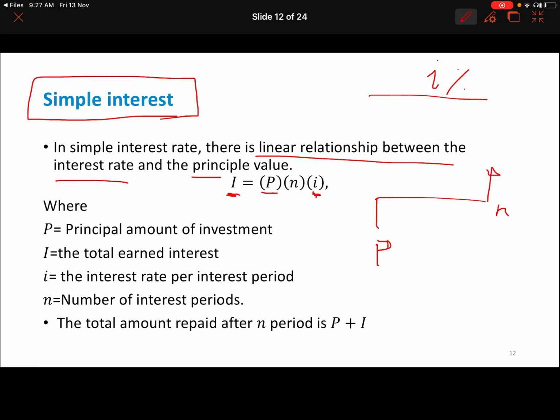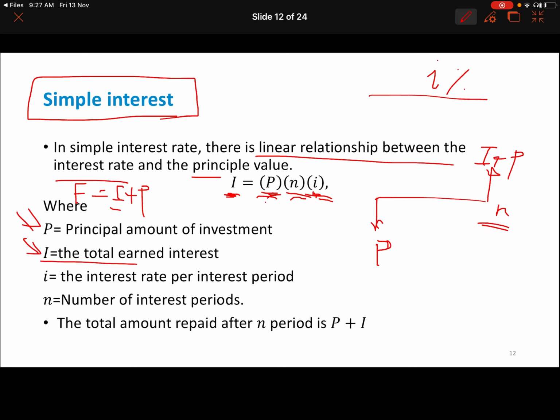So it will be I plus P. In simple interest, this can be estimated by I equals P multiplied by n, the number of years, multiplied by i. P is the principal amount of investment, I is the total earned interest.